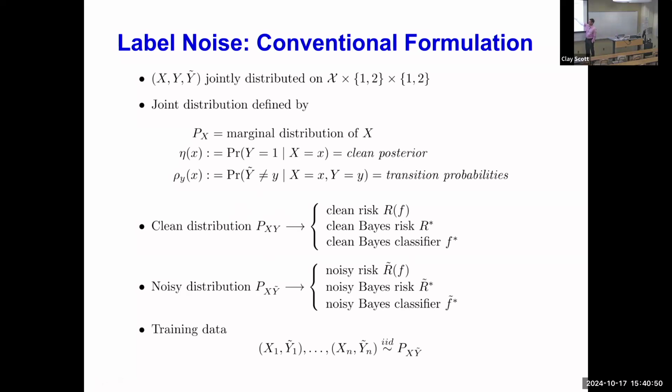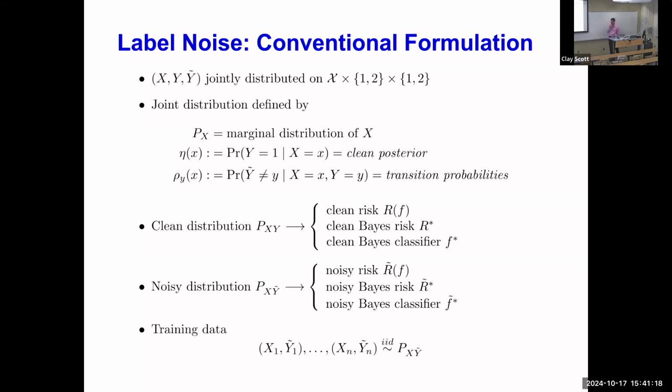R star is the clean Bayes risk, and F star is the clean Bayes classifier, just like in the previous slide. But we also have the marginal distribution of X and Y tilde, which defines another classification problem, which has its own risk, which I'll call R tilde, and Bayes risk R tilde star, and Bayes classifier F tilde star.